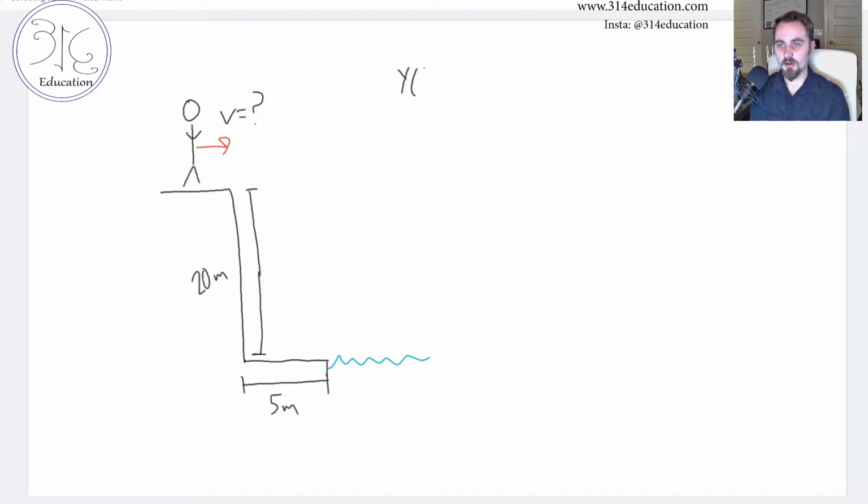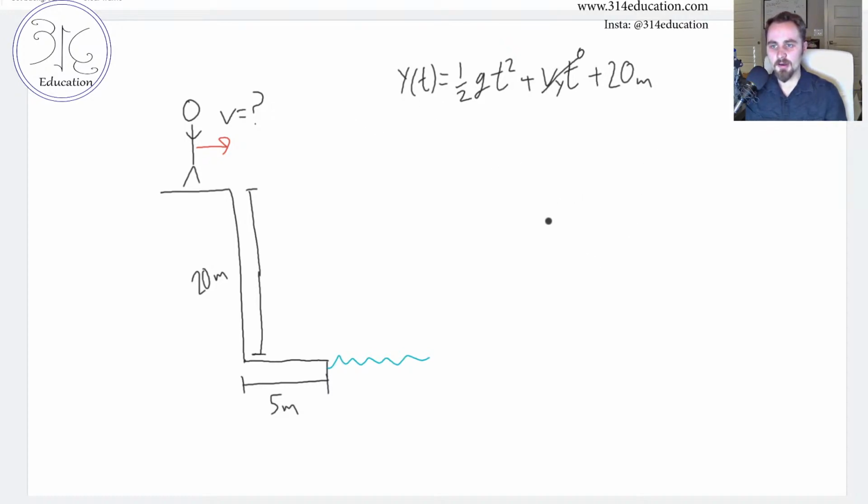We're going to start with our y expression, which is going to be 1/2. Our acceleration in the y is g, so I'm just going to plug in g right away. Our initial velocity in the y is going to be 0, so this term cancels out. And then we're going to start at a height of 20 meters. We want to make sure that g is going to be negative, so we'll put a negative sign in there.